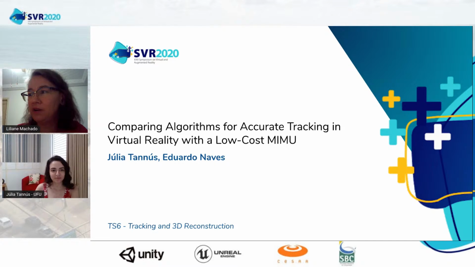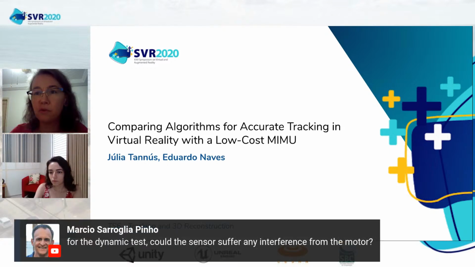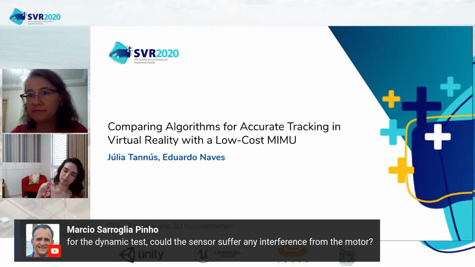Okay, thank you. We have a question from Marcio Pinho. He's asking, for the dynamic test, could the sensor suffer any interference from the motor? It could, but I didn't observe that it could suffer magnetic interference.